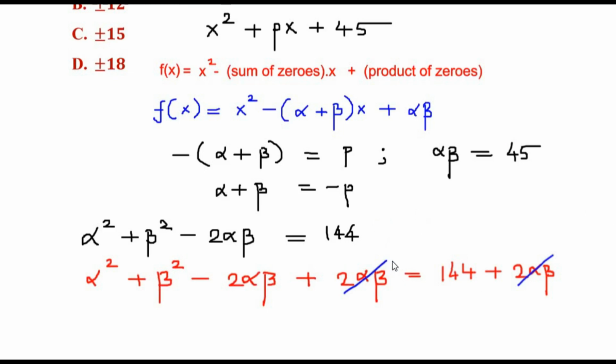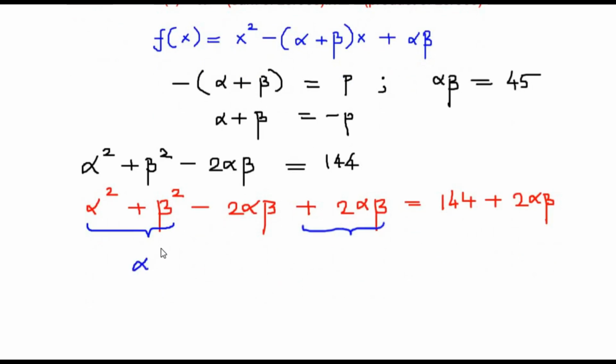So let me put it this way. Now we can combine alpha square plus beta square with plus 2 alpha beta. So let me take it together: alpha square plus beta square plus 2 alpha beta, and put it in a bracket. And this minus 2 alpha beta, I'll just push it ahead in the expression.